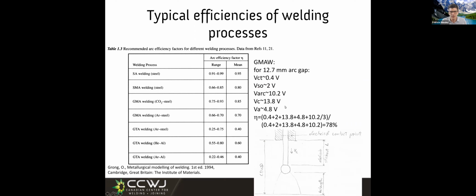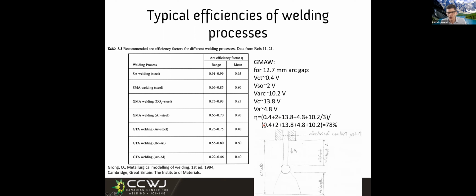The cathode fall voltage is 13.8 volts. The anode fall voltage is 4.8. So we would account for the contact tip that goes into the wire, the energy in the stick out, the cathode fall voltage, anode fall voltage, and 1/3 of the voltage of the arc.